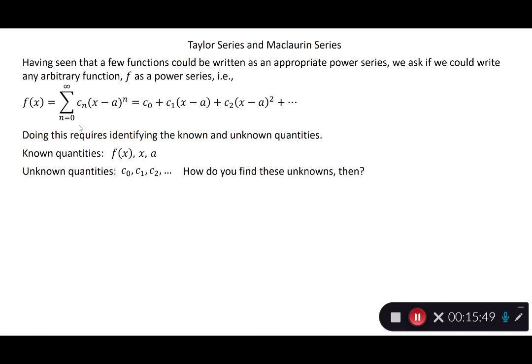Notice, I want you to look at f of x equal to this expanded version, C sub 0 plus C1 times x minus a, and all of that stuff. From that, can you figure out how to find the values of the constants? Can you be clever about this? Okay, if you need to pause the video, please go ahead and do that.